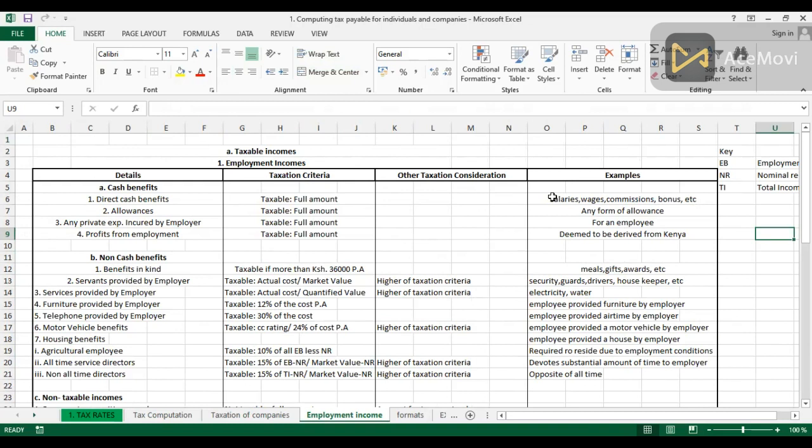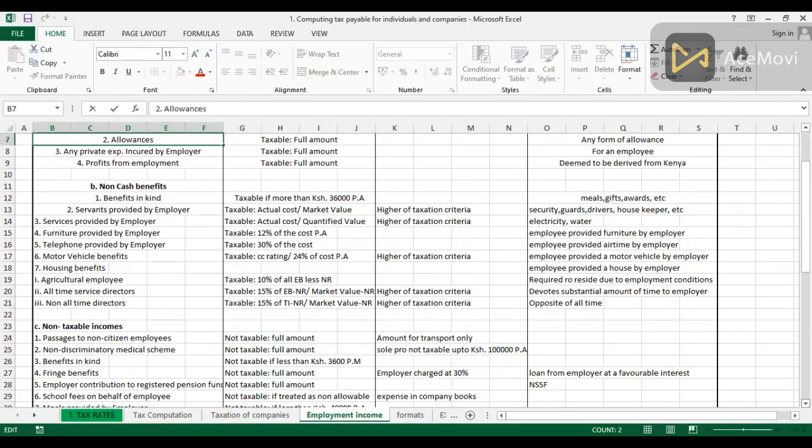Here I'll go faster because I think you have the knowledge from the previous sections where you learned about taxation. So we have the cash benefits. These ones are taxable: any cash benefits, direct allowances, any private expenditure, any profits from employment, they are taxable in full amount.